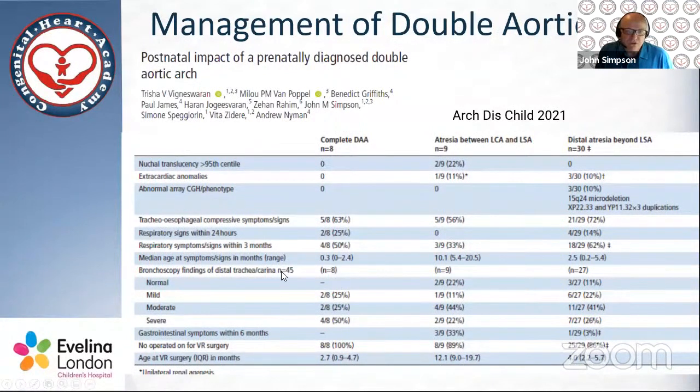Looking at the bronchoscopy findings, about 1/5 of cases, maybe 10 to 15% overall, have a normal bronchoscopy, milder findings in another group, but really quite an incidence of moderate to severe compression. A minority have GI symptoms.